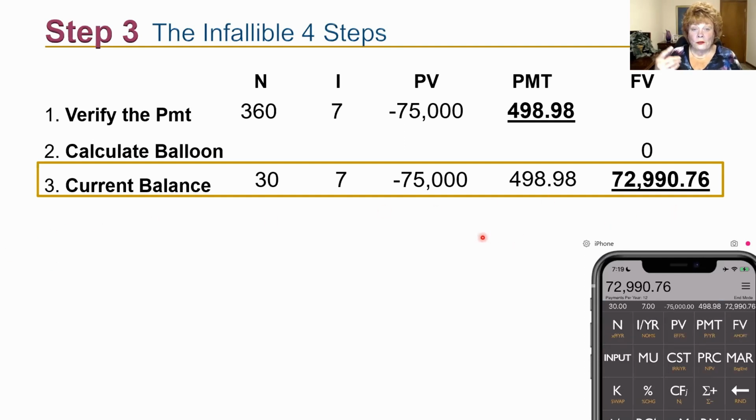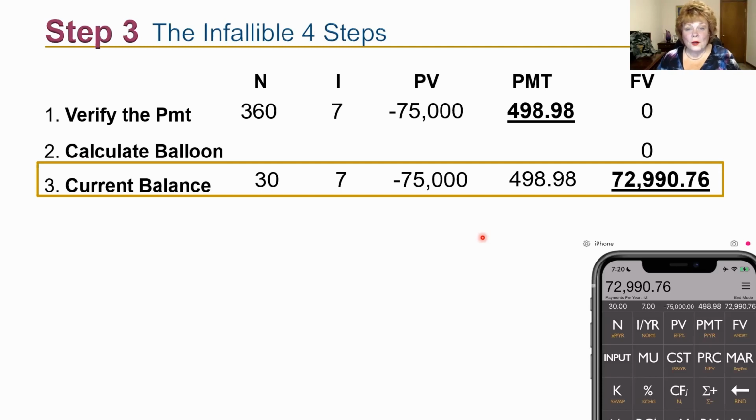Okay. So we've calculated the payment. We have verified the payment amount. There was no balloon, so we skipped that. And now we've calculated the current balance. Now, the next step to me is the most important step of all, and it's the infallible fourth step.